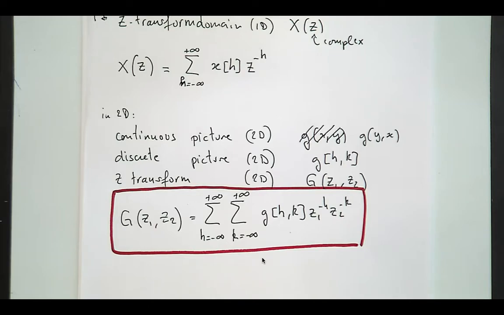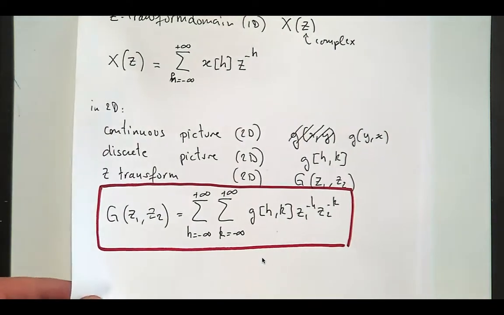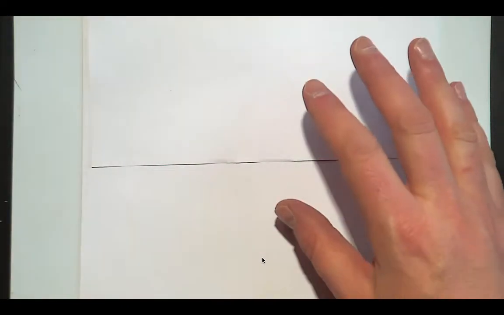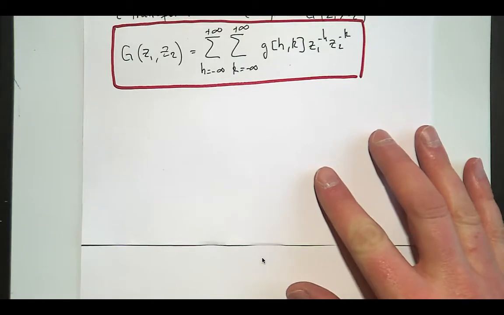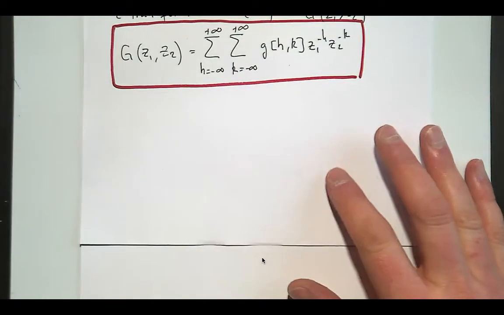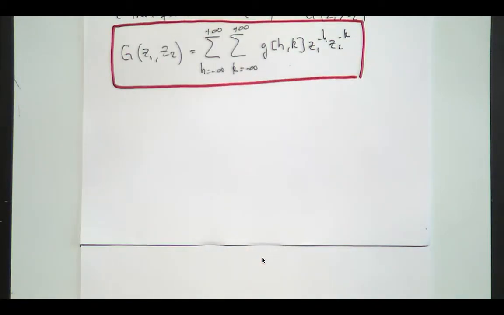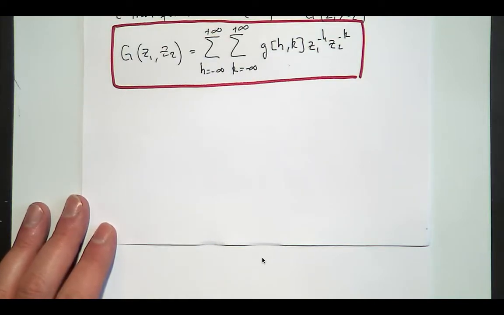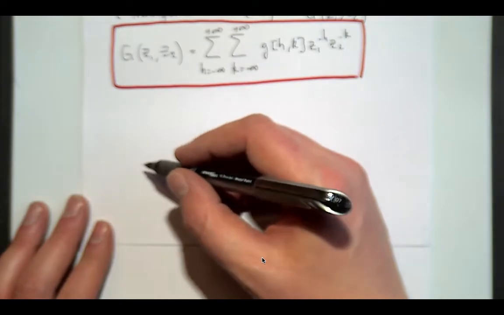So it's not trivial to visualize, but what only matters is what we do with that Z transform and why we have it in the first place. So let's see how it works. I'm going to give you 2 examples here, and how you construct it from your picture.